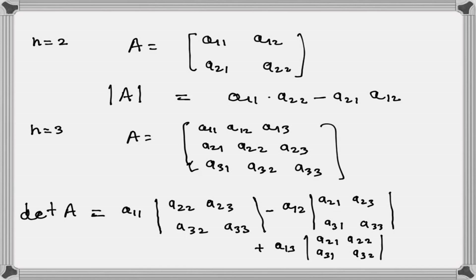Similarly, we can find the determinant of any n cross n matrix. Here I took the first row to expand it. We can use any row and any column, but the only thing is the sign of the multipliers like A11, A12, A13 is defined by the following.